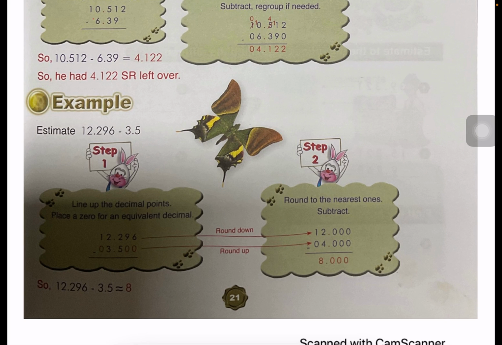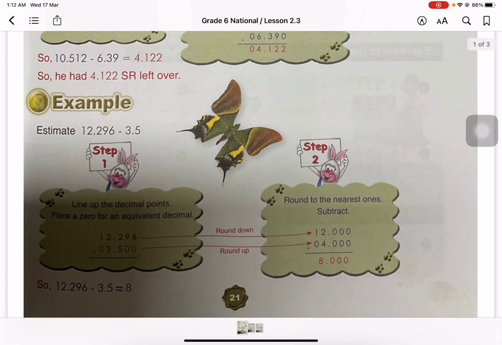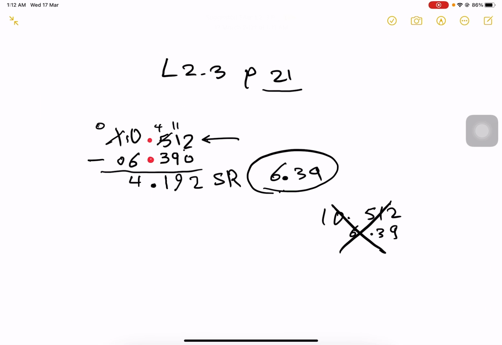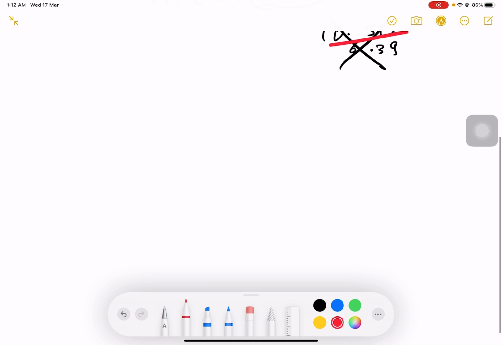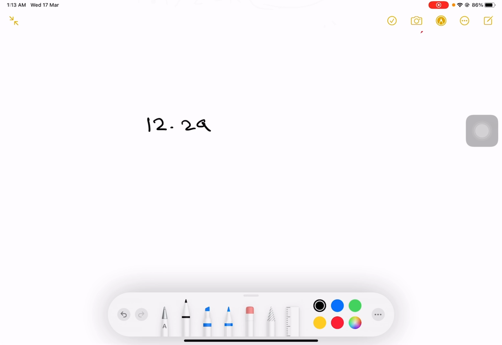Okay, so again, this is question 2 on page 21. If you don't have your book, use your notebook. Look again. They ask to subtract 12.296 minus 3.5.